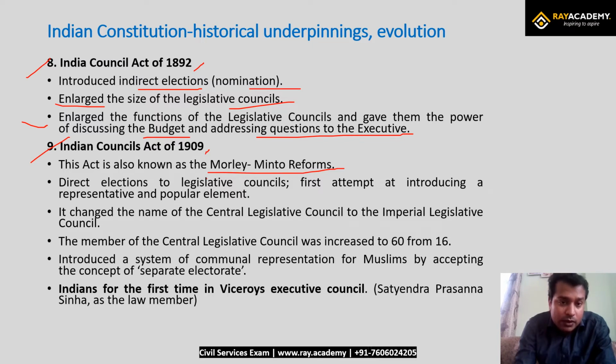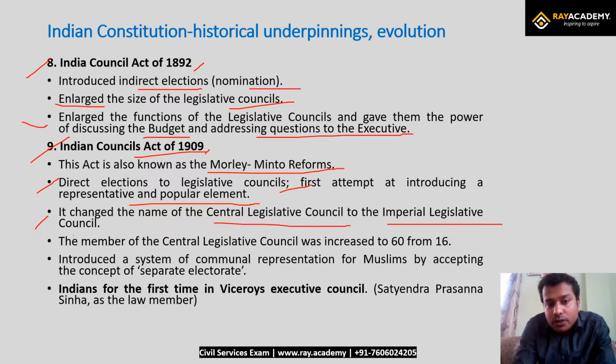Just after the Bengal partition, they introduced another act, the Indian Councils Act 1909. So direct election to the legislative councils, first time that is introduced, the first attempt at introducing a representative and popular element. It also changed the name of the Central Legislative Council to Imperial Legislative Council.